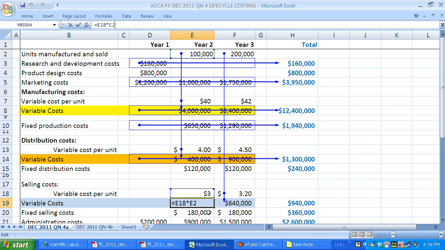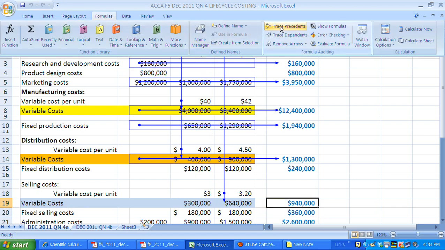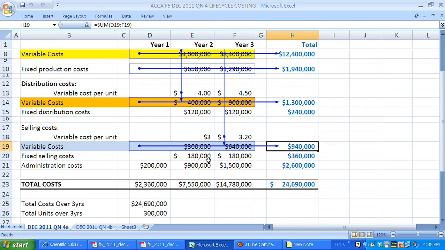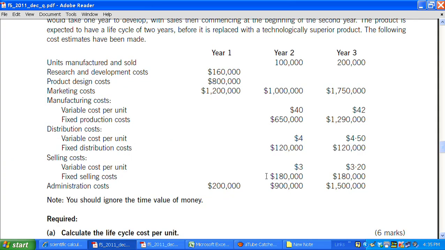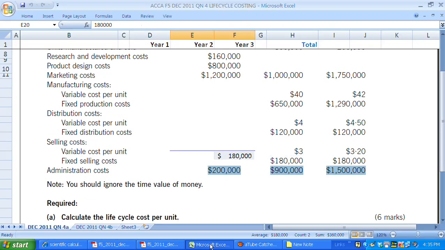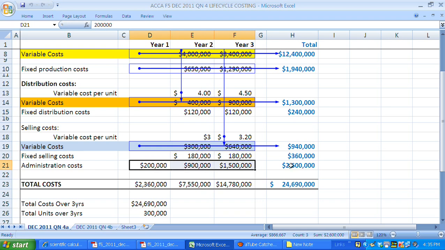In year 2, I'm multiplying 100,000 by 3, and I add them up. I get 9.4. Fixed selling costs have been given right here, so I'm just picking them and placing them on the other side. Then admin costs, I'm also picking them right here and placing them this side.